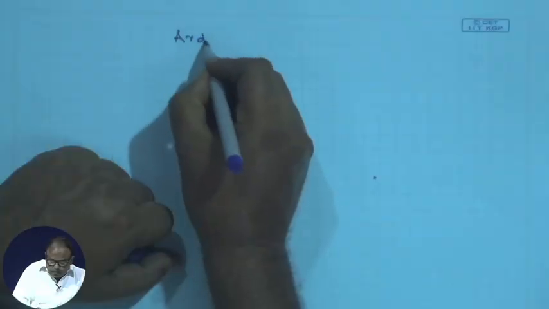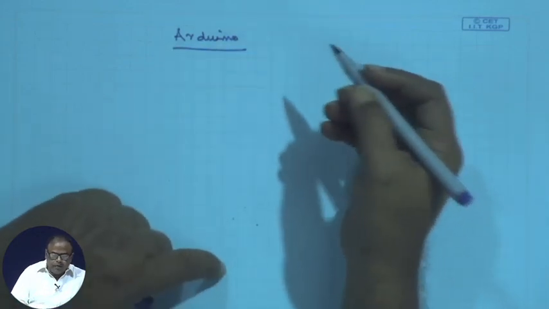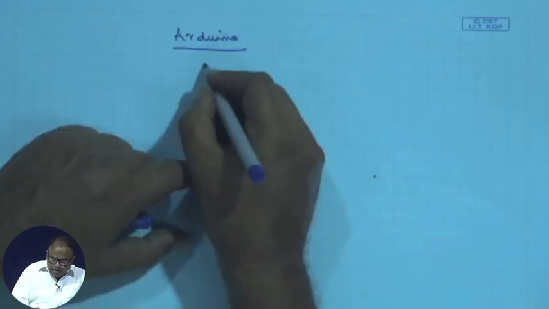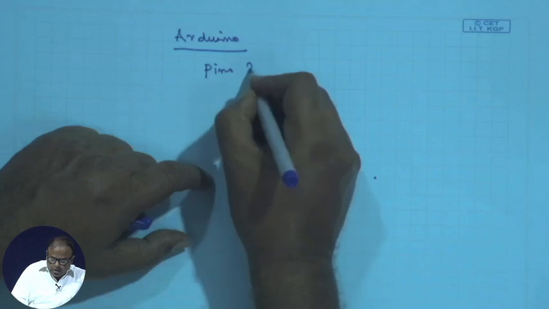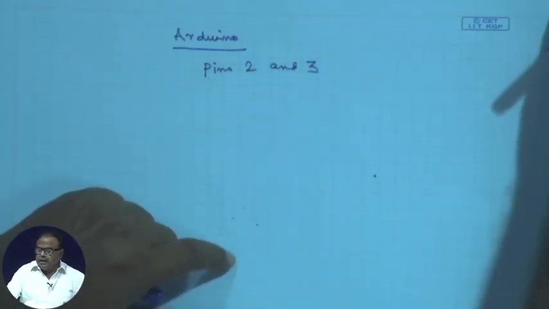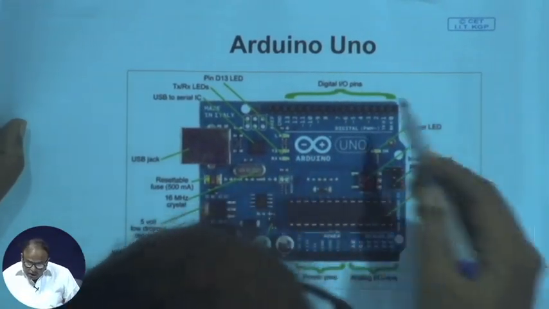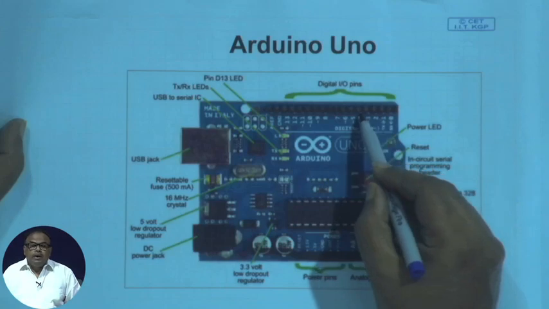So, interrupts play a big role in the Arduino board. In our Arduino environment, pins 2 and 3 can be used as interrupt pins. We have special pins like these, where 2 and 3 can be used as interrupt pins.